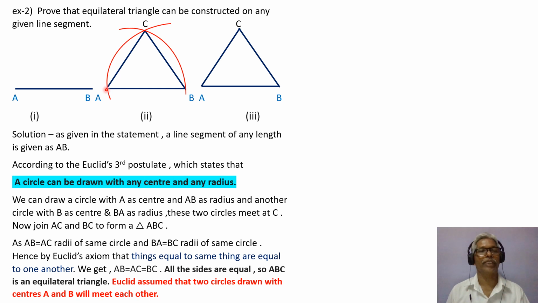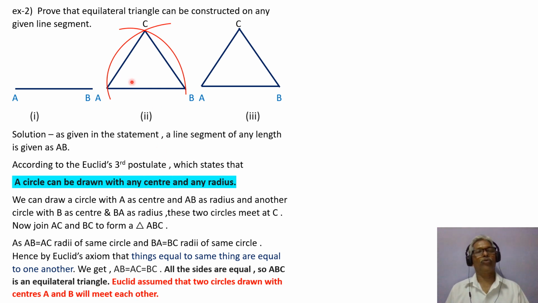Things which are equal to the same thing are equal to one another. So we get AB is equal to AC is equal to BC. So all these sides are equal, so ABC is an equilateral triangle.